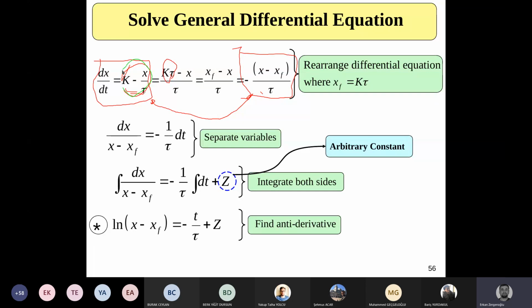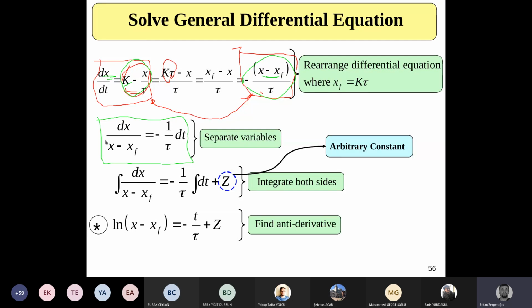As you can see now, I can take the x dependencies on one side and the t dependencies on the other side and obtain this. This is called separation of variables in mathematics. I'm separating the related variables to one side of the equation and the rest to the other side, and trying to solve it in that manner.